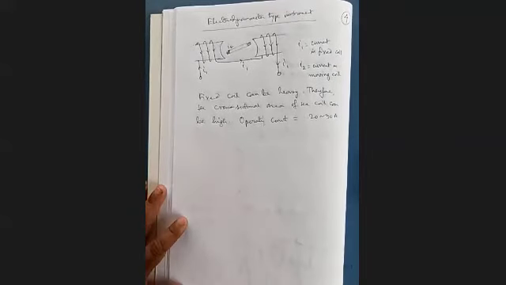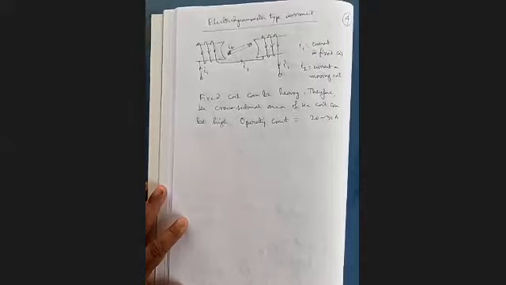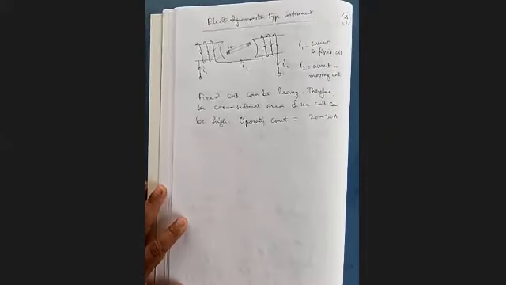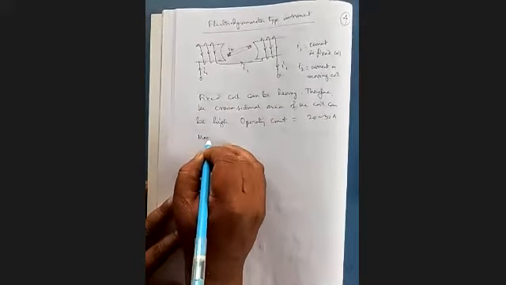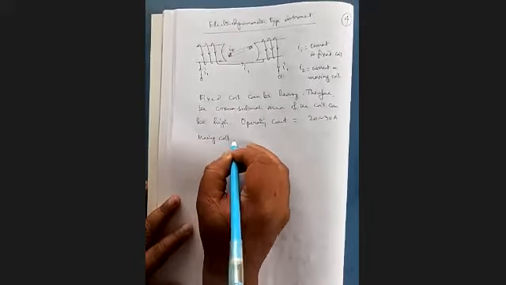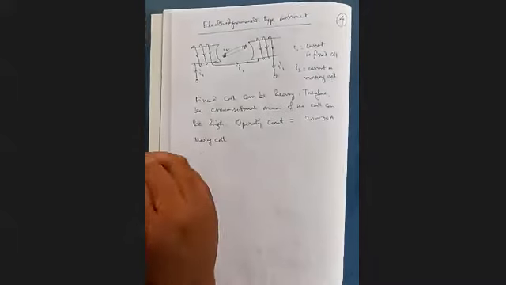For the moving coil, just the opposite thing. As the coil is moving, its weight should be small.